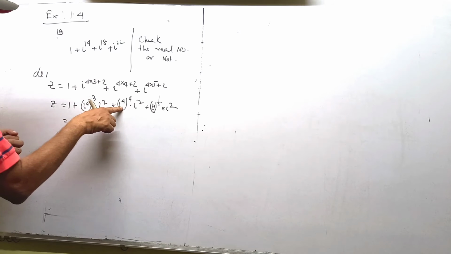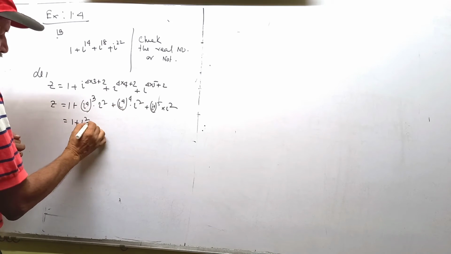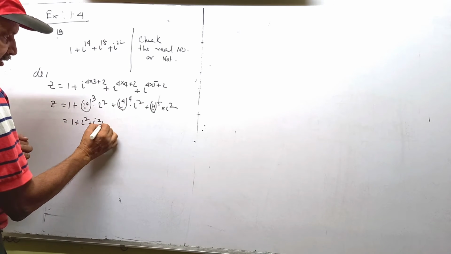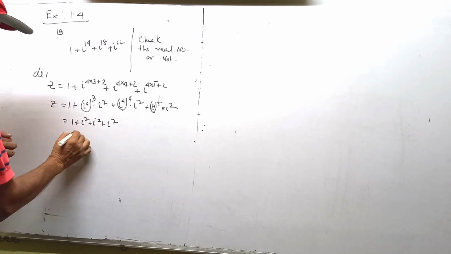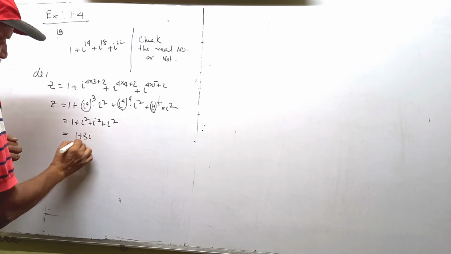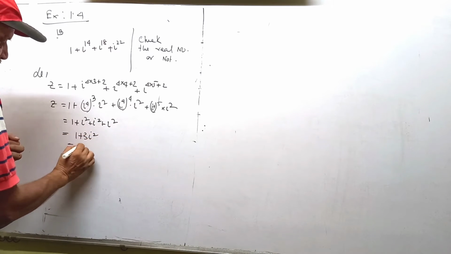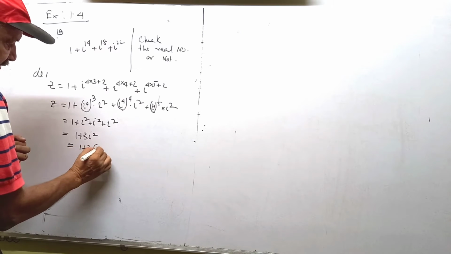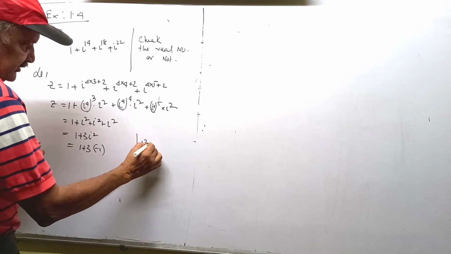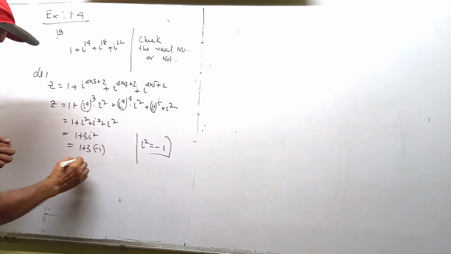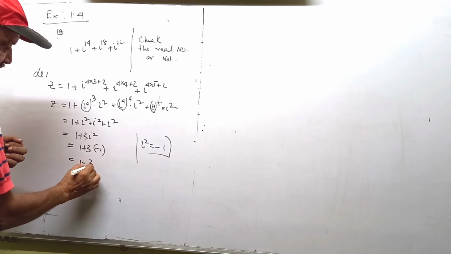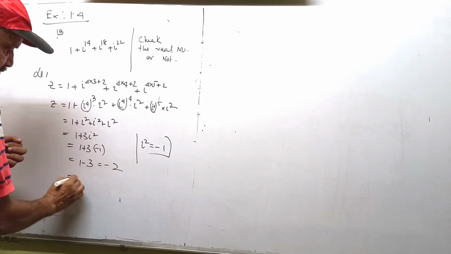Here i^4 value is 1, so we are getting 1 plus i square plus i square, that is 1 plus 3 i square. Already i square equal to minus 1, as derived earlier. So 1 minus 3 equal to minus 2.